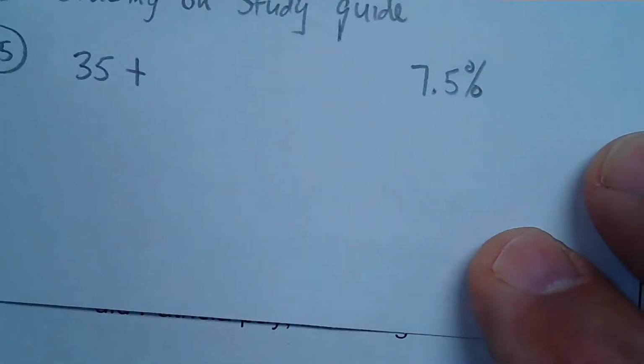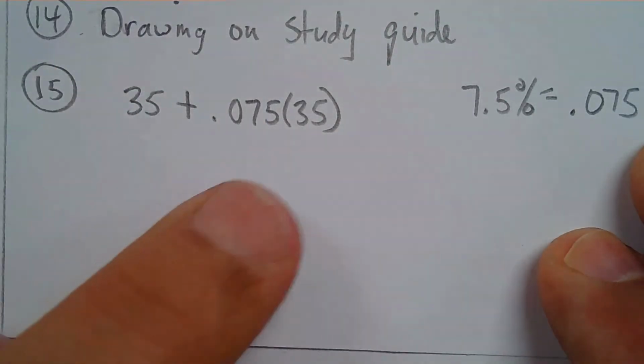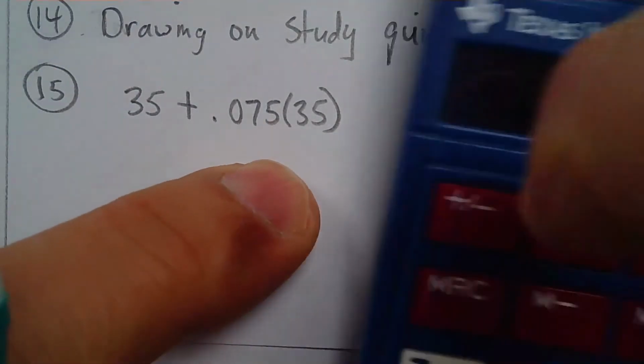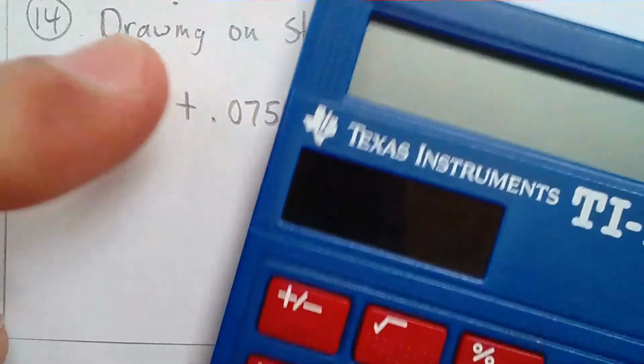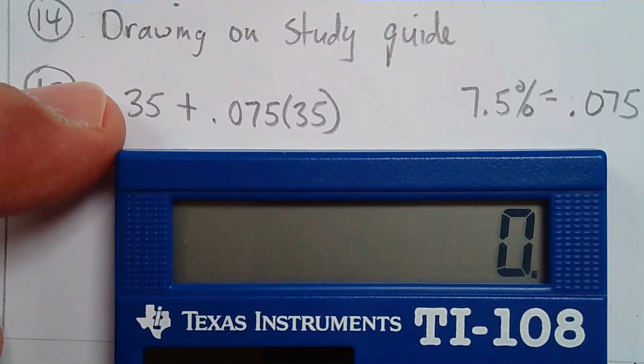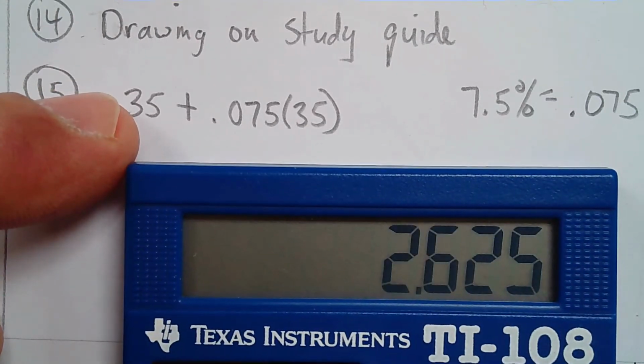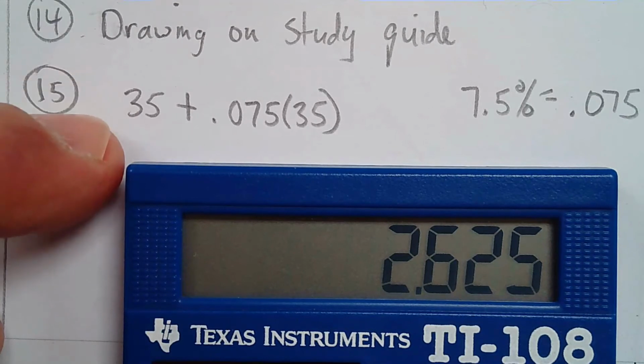7.5%. You have to move the decimal 2 times to the left. So that's 0.075. So it's 0.075 times 35. When I do my calculator, I need to think about the order of operations first. So that's 0.075 times 35 is equal to that, plus the $35.